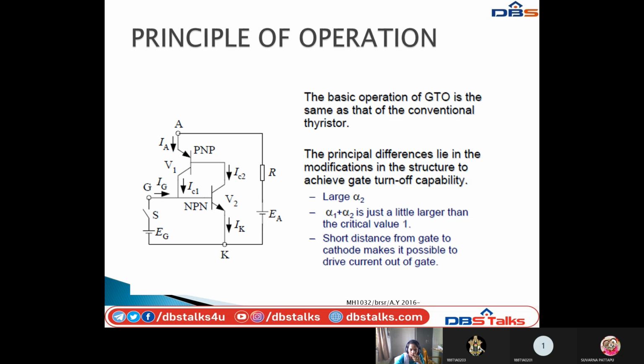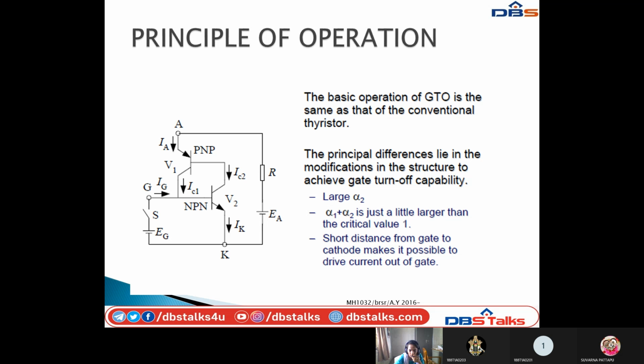Here we are taking the PNP and NPN transistors, connected like this. So in the GTO, the current will be flowing from PNP to NPN. The sum alpha 1 plus alpha 2 is just a little larger than the critical value of 1.